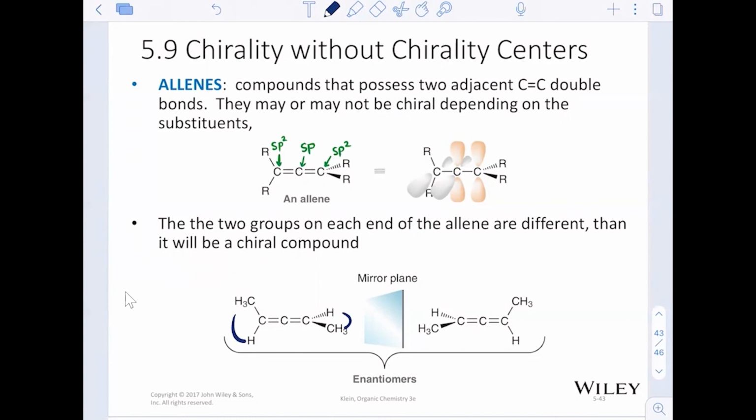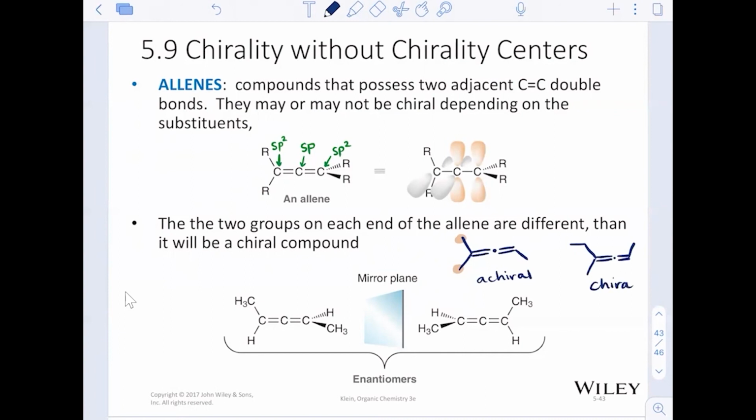So quick example of allenes. If you want to draw them in a skeletal structure, this one would be achiral because on one side we have identical groups, right? Still an allene, just achiral. What about this one?